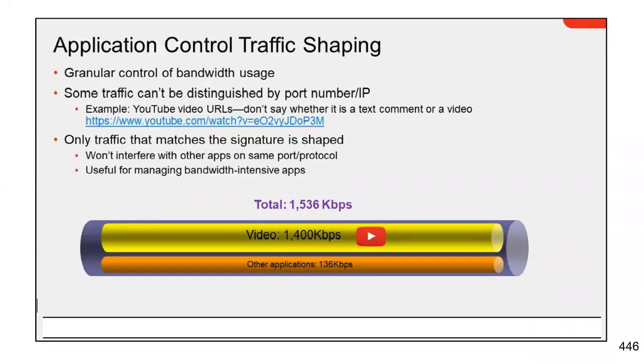But since all the content is transported using the same protocol, which is HTTPS, because everything on youtube.com is on HTTPS, right? And the URLs contain dynamically generated strings. Those are called alphanumeric strings.